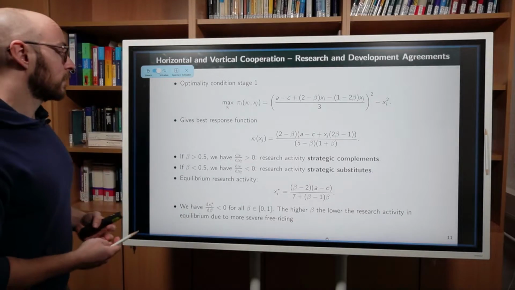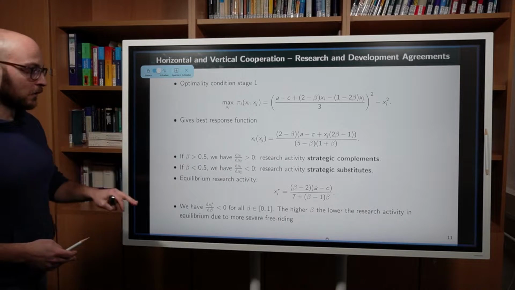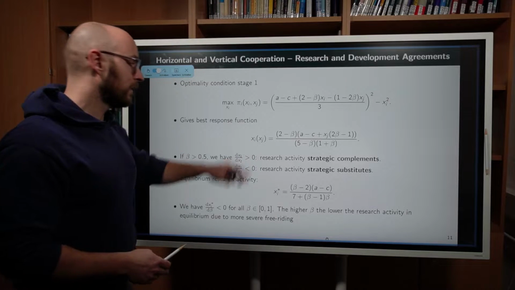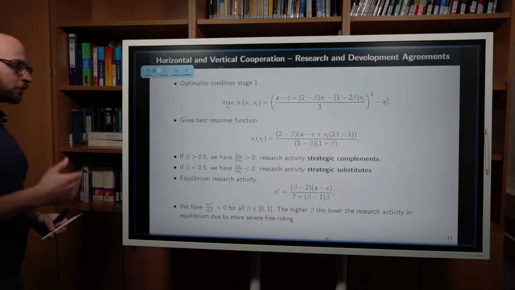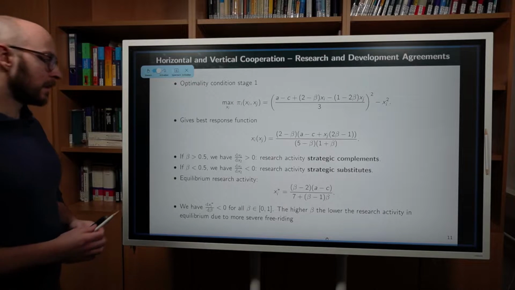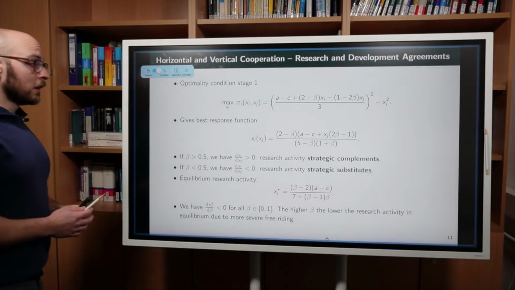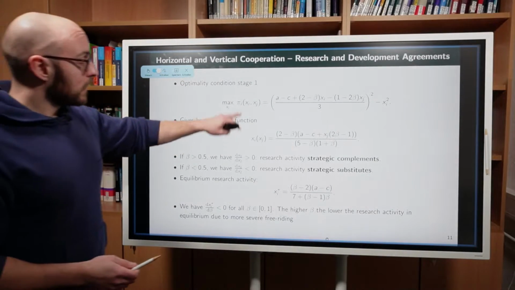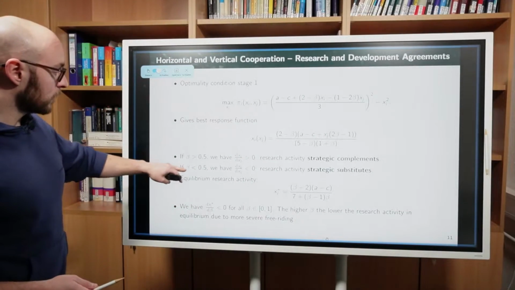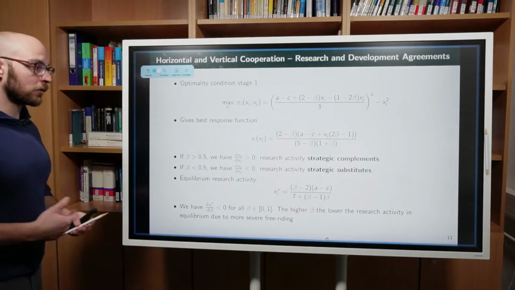And if we look at this in detail, we will see that we have two situations here. So the best response function will be increasing in the rival's research activity if beta exceeds 0.5. In that case, we would have strategic complements, right? If we are in the other situation, if beta is lower than 0.5, we are in case of strategic substitutes.